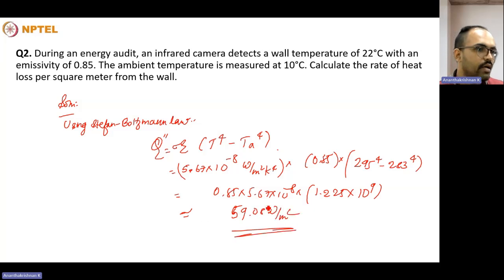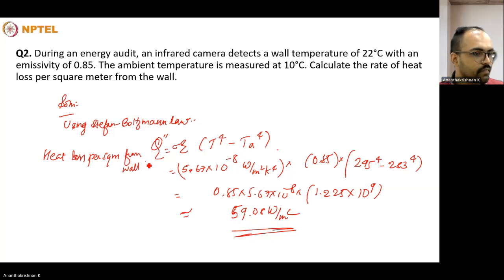So that is the heat flux or the heat loss per square meter from the wall. It's a straightforward problem that has used the Stefan-Boltzmann law to calculate the heat transfer loss from the surface.